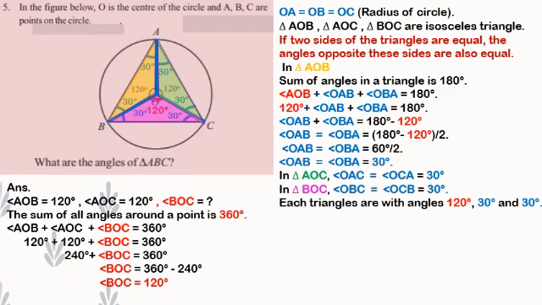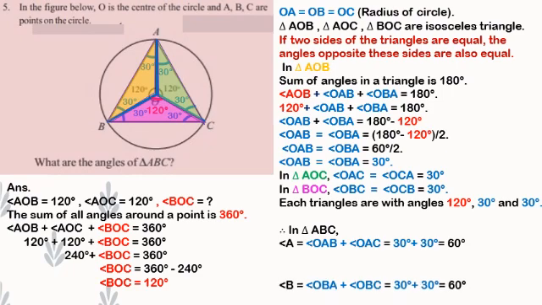Our question is, what are the angles of triangle ABC? So we can write in triangle ABC, angle A equals angle OAB plus angle OAC, that equals 30 degrees plus 30 degrees equals 60 degrees.